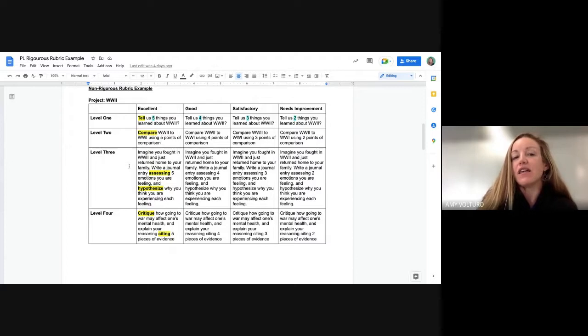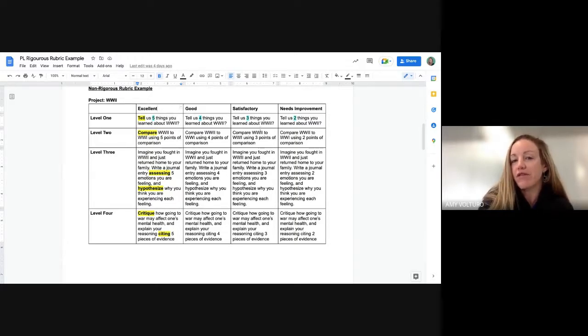And the way that you have the rubric designed is you want students to tell you or do something, and then you have it going by how many times they have to do that specific task. So, for example, on this rubric, excellent is 5. So for the first one, tell us 5 things you learned about World War II, and then 4 things, 3 things, 2 things. And then for all of them, you're going to see the same pattern. And this is a very common rubric that I have seen in my coaching.